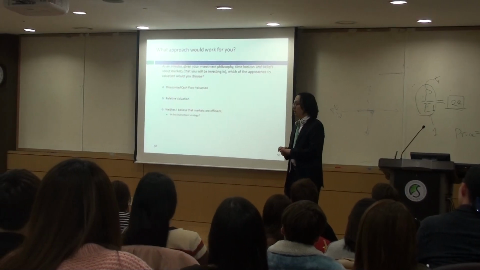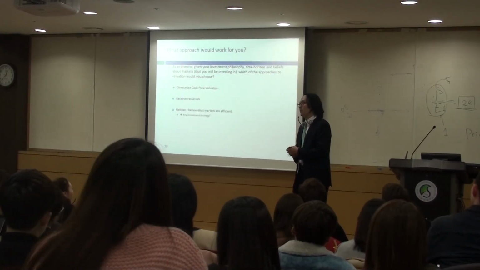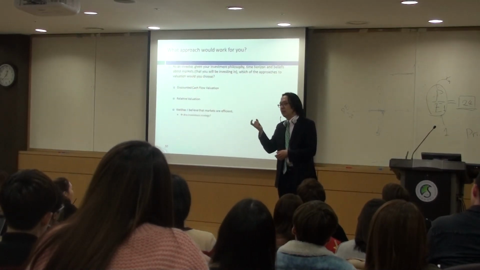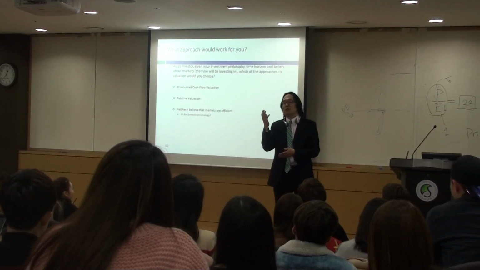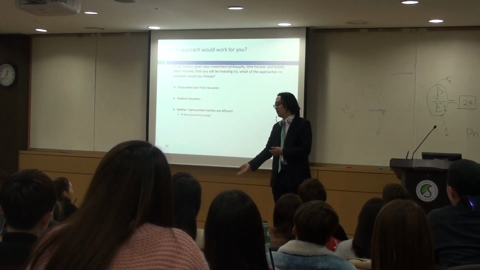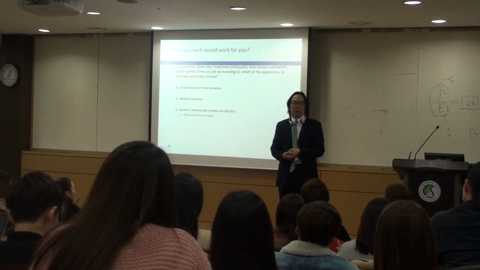Fine. One more thing I should tell you is that at the end of the valuation project, I believe, you will have to choose the relative valuation or DCF valuation result. What are you talking about?